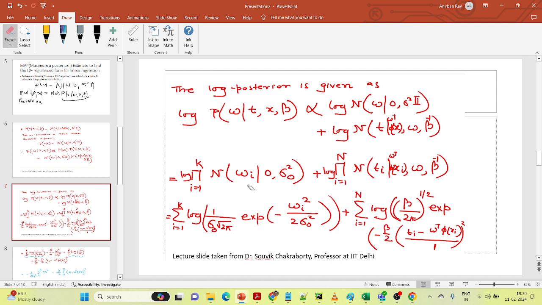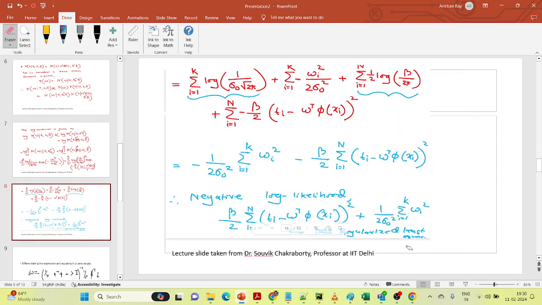After that, as you can understand, the log of a product becomes a sum. Then we separate the variables, the dependent terms. The wi terms are the only ones we are interested in. That is the second term, and then the last term.